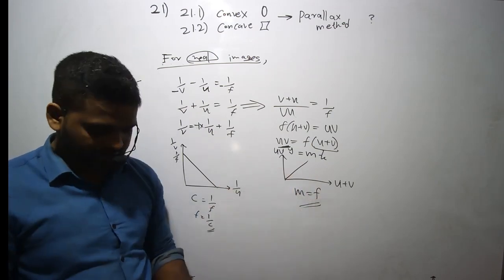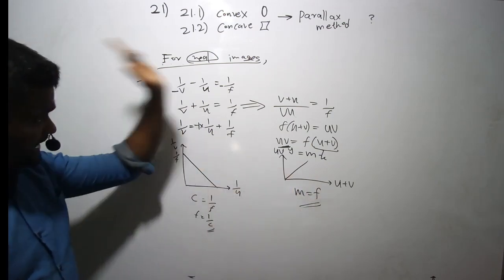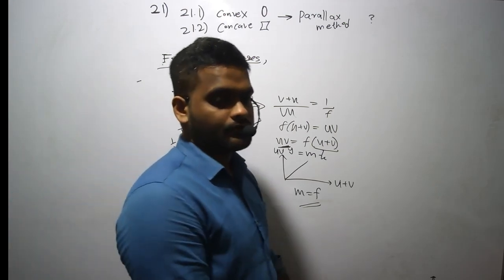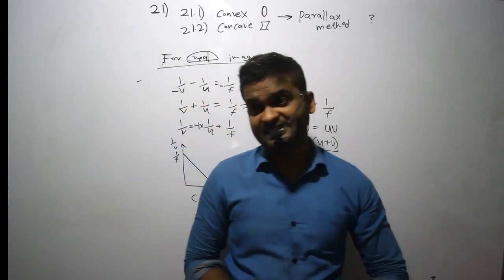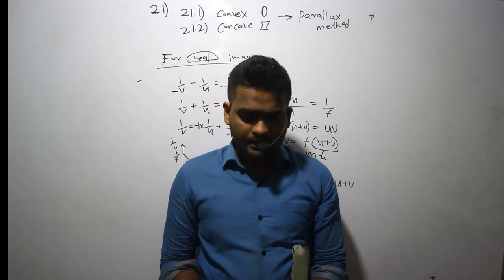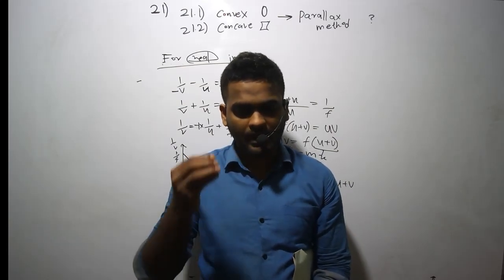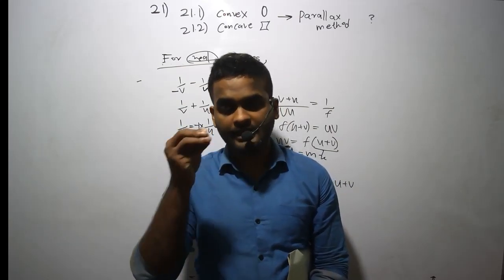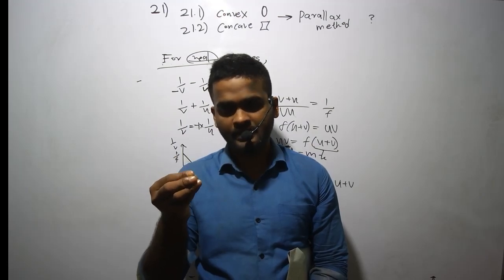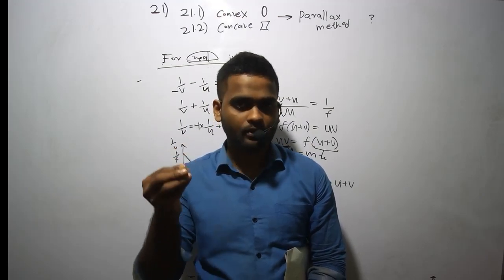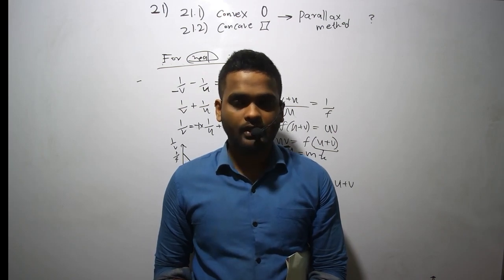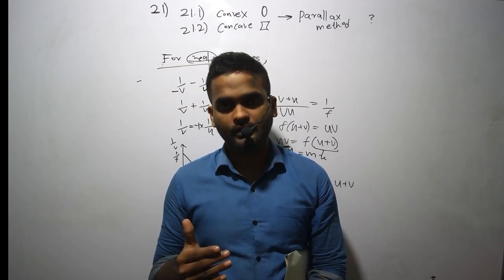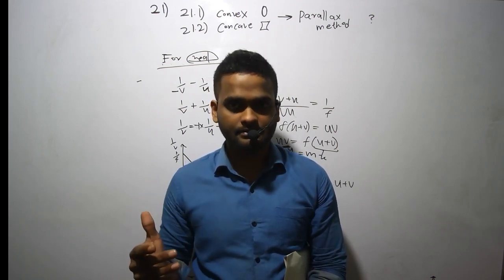That is how you find the focal length of a convex lens. You can find the focal length very accurately because we used a graphical method. Then we have to discuss how to find the focal length of a concave lens.